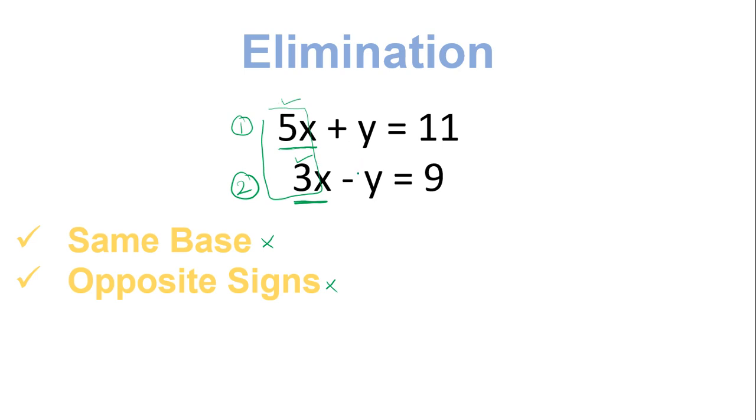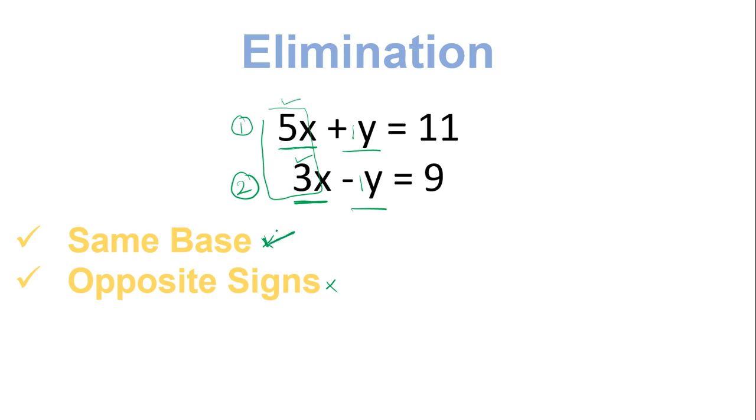Now I can try and see if I can work with the y's. For the y, first condition, the same base. Is the base the same? Yes, because y is empty here, which means that there's a 1 here. Again, there's a y in the second equation, and again there is a 1 here, which means that the condition is satisfied with the variable y.